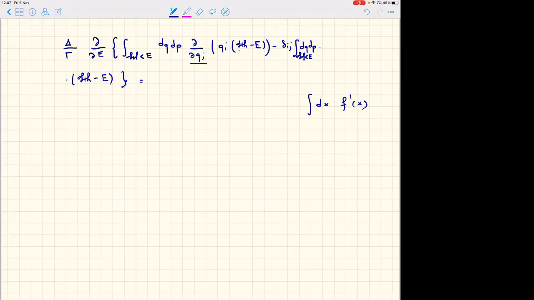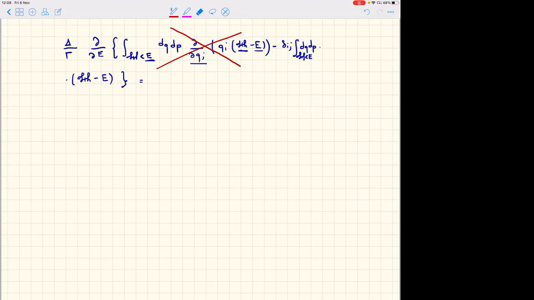But the two boundaries in the direction j are delimited by the hypersurface of constant energy E, right? And therefore, at the boundaries, H is equal to E, which implies that this integral here is going to be equal to 0. So what remains is only the other term.